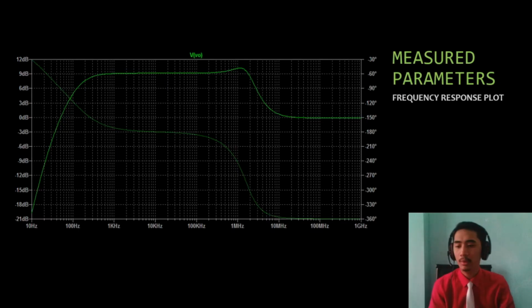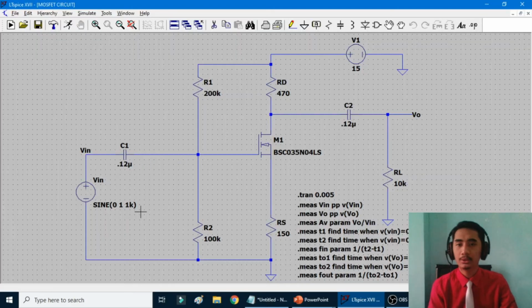Now, this is our frequency response plot, and may I go back to our circuit, so I will show you the other waveforms by clicking run.